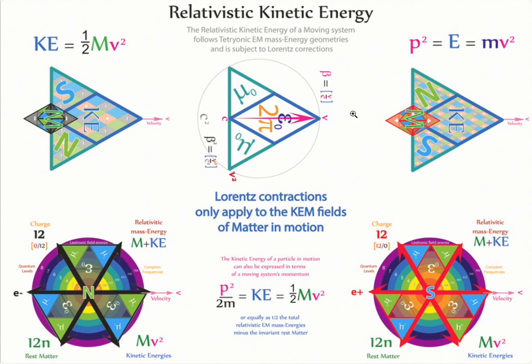But these contractions and changes only apply to the chem fields. And again, even spaceships travelling superluminally will have magnetic moments, and they will interact with other ships and planets travelling at similar or differing velocities through these fields that they create.